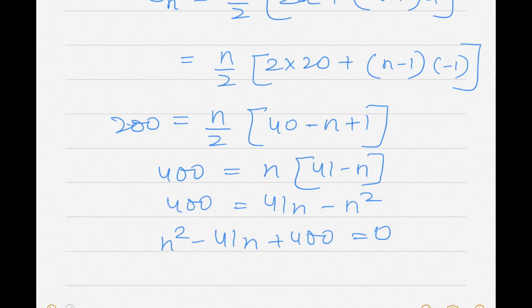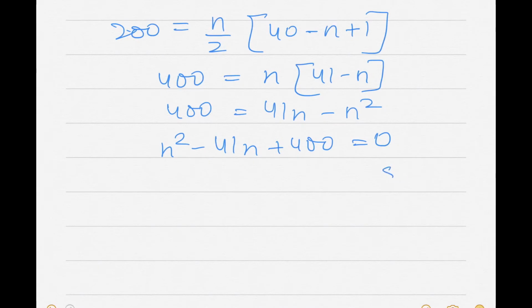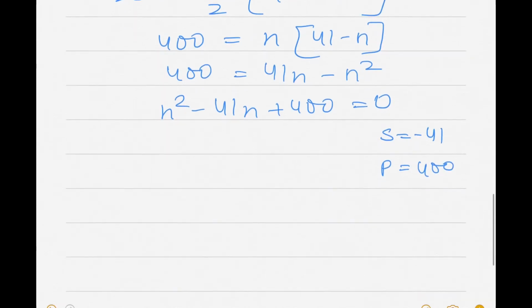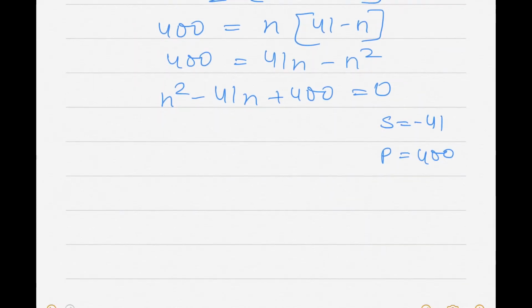This is a quadratic equation, so I have to find the sum and product. Here the sum is minus 41 and the product is 400. Because the product is positive and the sum is negative, there will be addition of two negative terms, right?